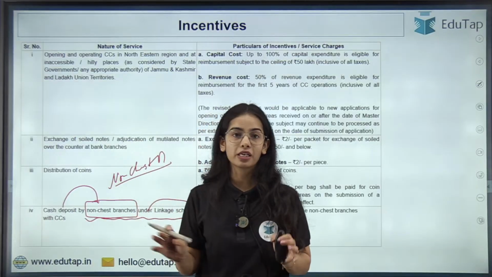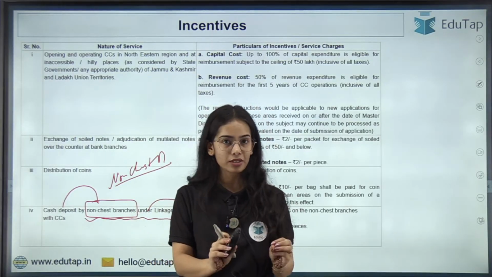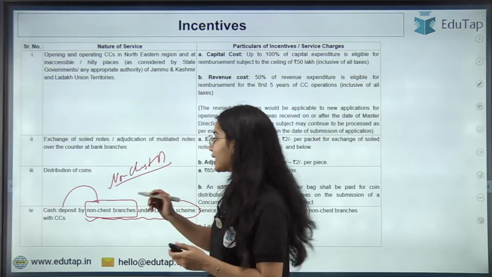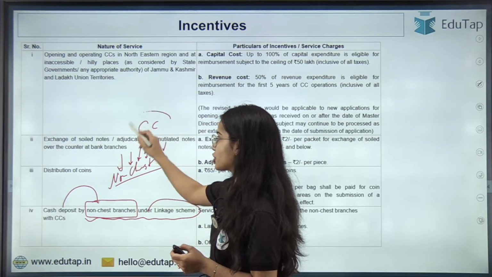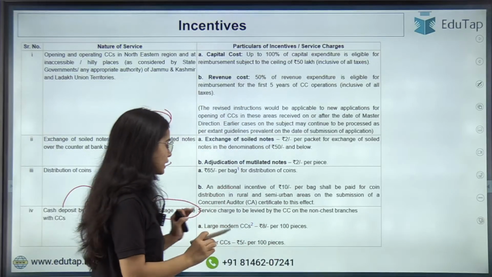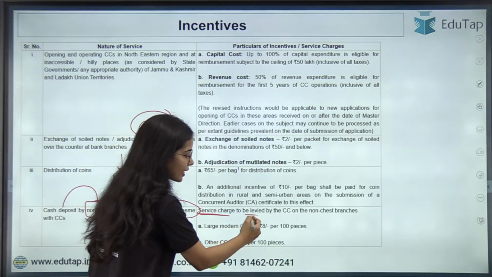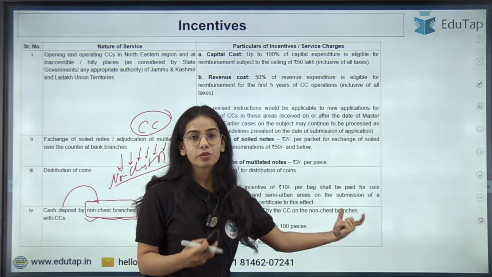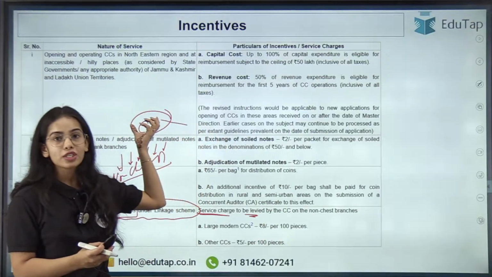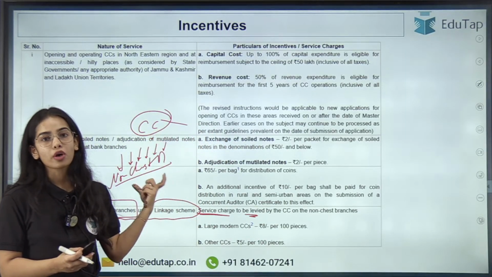These non-chest branches do not have the currency chest. They get the banknotes and the coins from the currency chest. That I hope you know. So basically, service charge to be levied. The service charge will be levied by the currency chest on the non-chest branches, because the currency chest is providing its services to the non-chest branches.